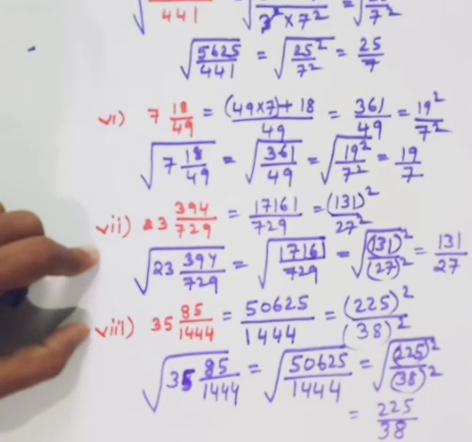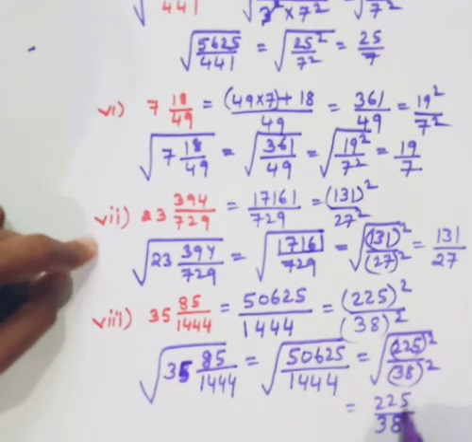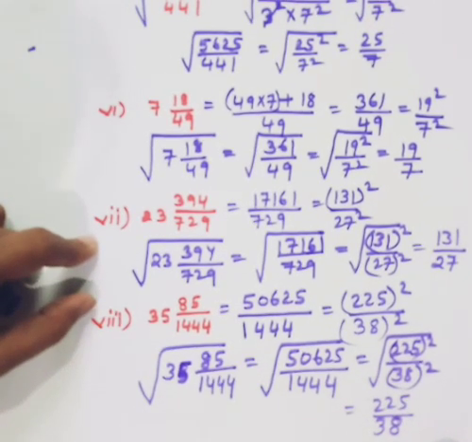Here you can see that for 225 and 38 there is no common factor. This is odd and this is even, so there is no common factor.